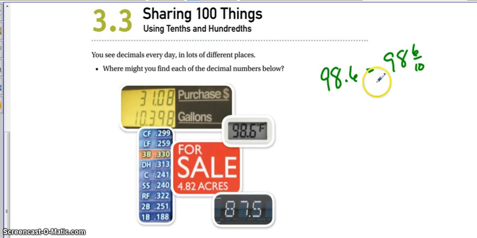So these are the same number. Vice versa, if we took a number like 7 and 1/10, we could say that that would be 7.1 because we would want a 1 in the tenths place. All right, so moving on.